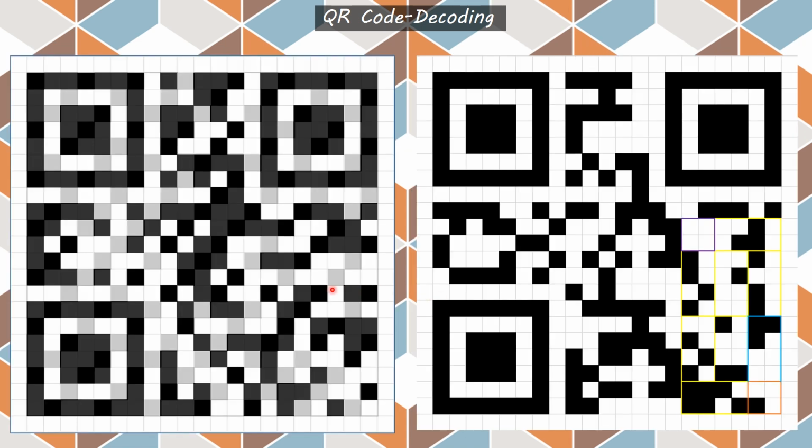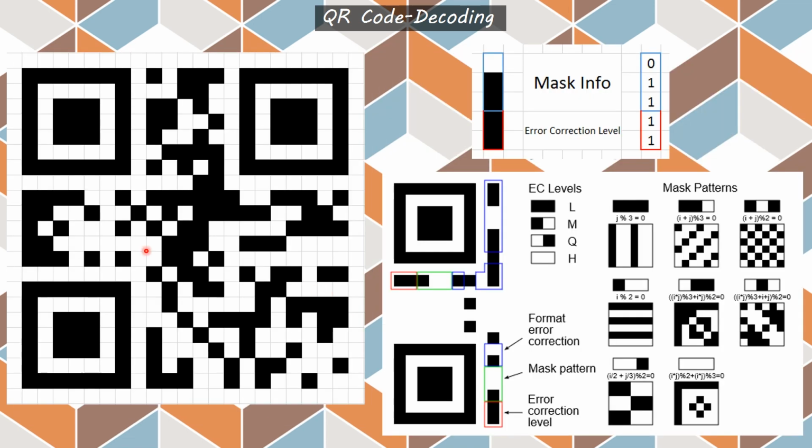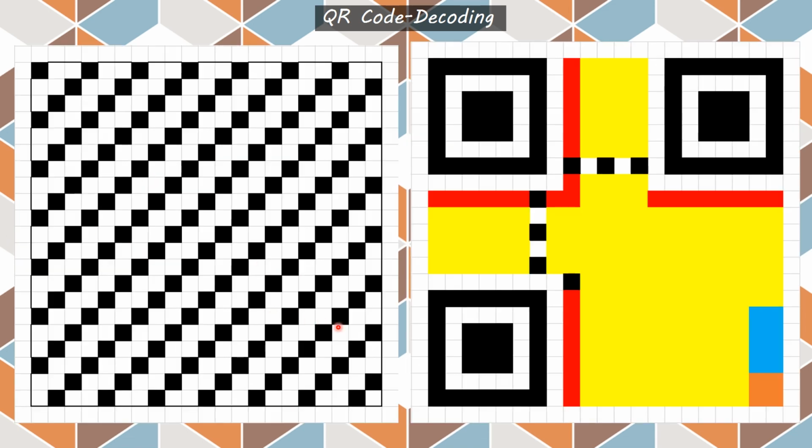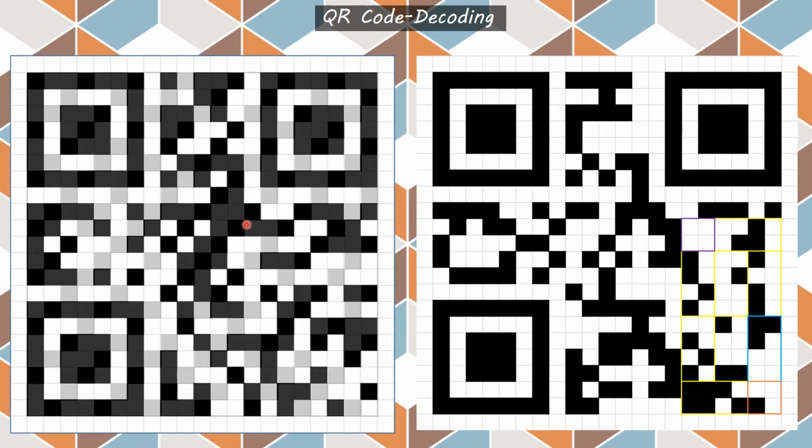So we take our original QR code and place our masking pattern on top of it, and the areas in our QR code which correspond to the darker areas of the masking pattern are inverted. That is how we unmask the code.